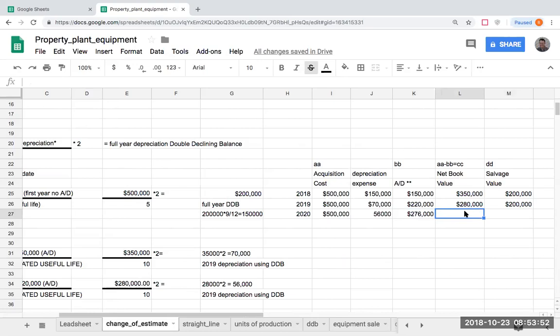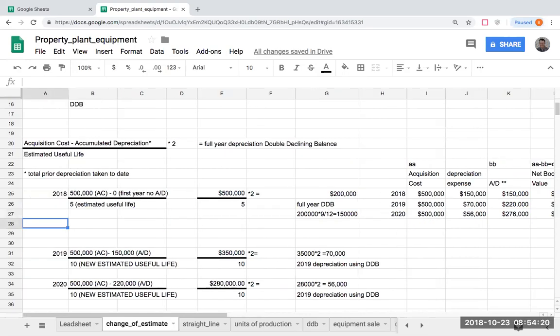So my net book value is my acquisition cost minus the accumulated depreciation of 276. And so my salvage value here is 200,000. So I'm still okay to depreciate, although I don't know for how much longer. But I know though, as of this point in time right now for 2020, the amount of the depreciation expense that I took was 56,000.